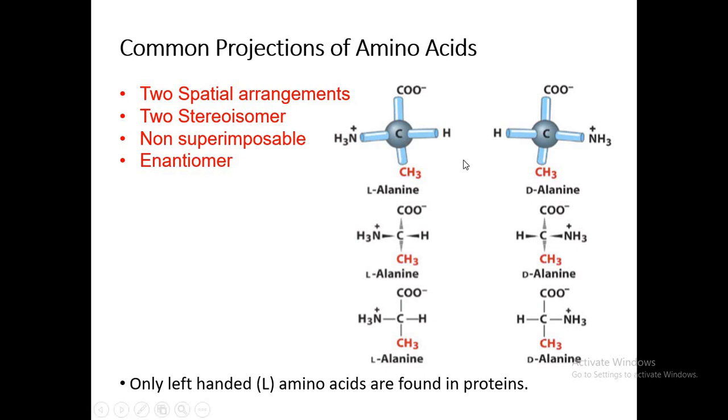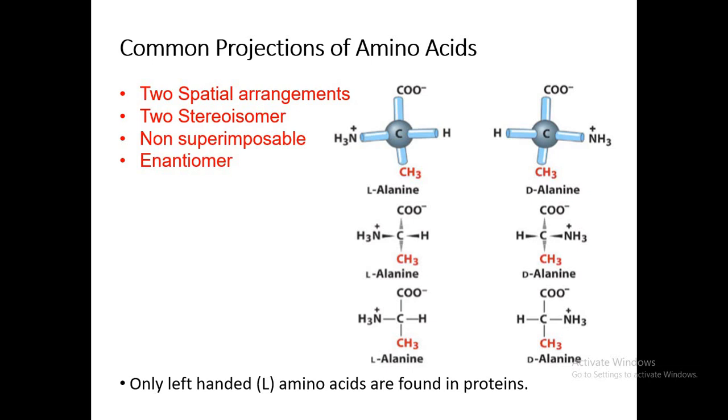Because in an amino acid, the carbon atom is bound to 4 different atoms, and these 4 different atoms can bond in 2 forms. So we say these are the 2 stereoisomers of each amino acid, meaning each amino acid has 2 stereoisomers.